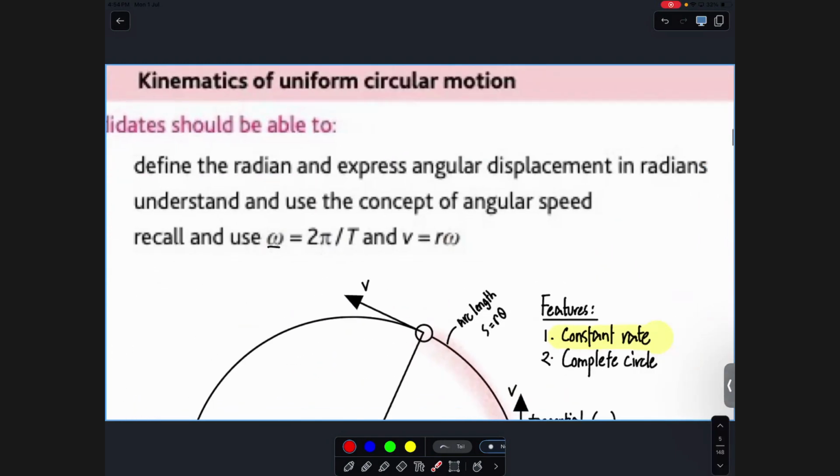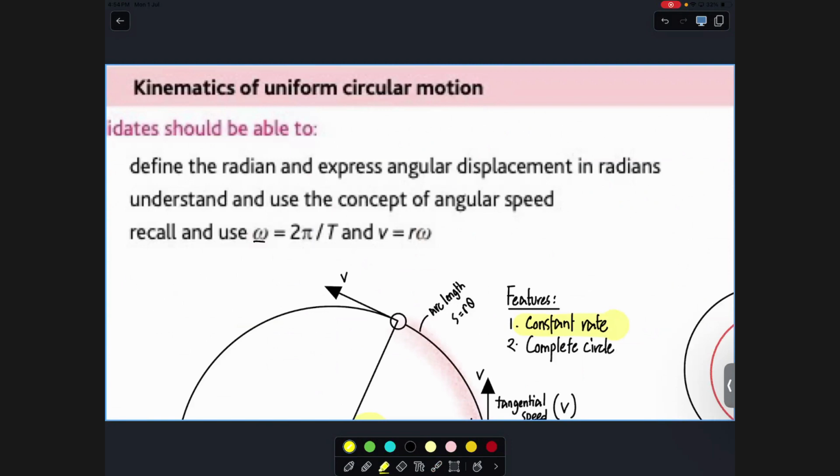In the syllabus, they ask for a definition, which is: define the radian and express displacement in radians. Express displacement in radians, which is basically, can you convert an angle into radian? How do you do that? 45 degrees. How do you convert that into radian? Pi by 180 into 45.